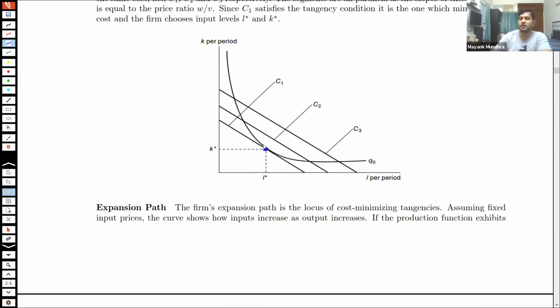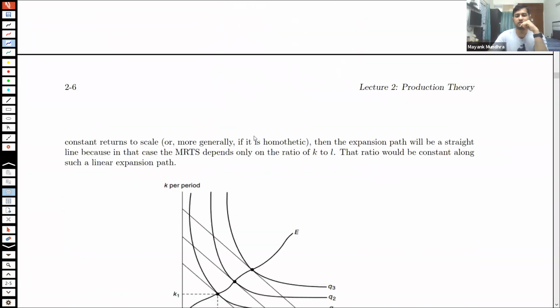The expansion path of a firm is going to be the locus of cost minimizing tangencies. So for different isoquants, what are going to be the optimum production points for a firm? Suppose we have different isoquants here.